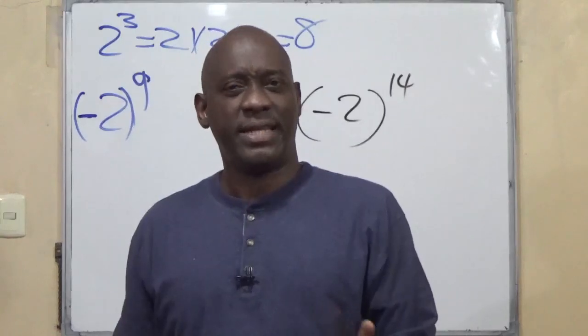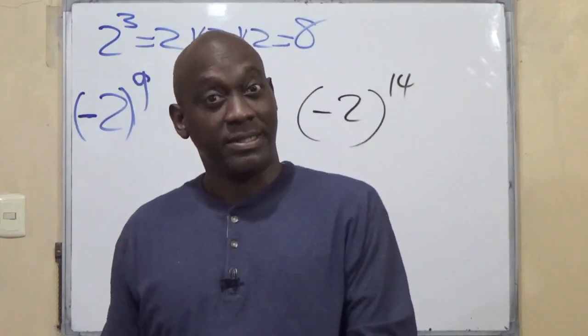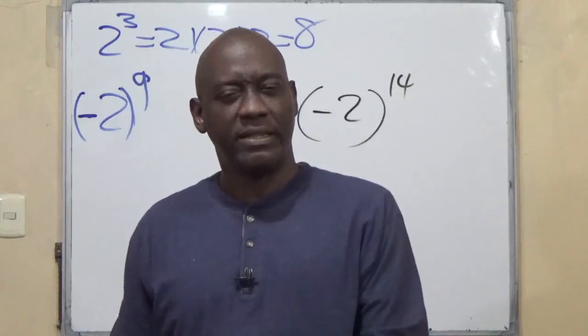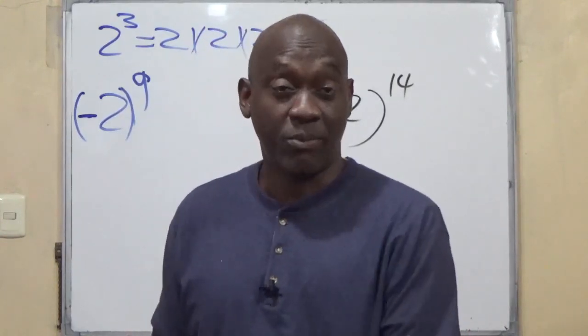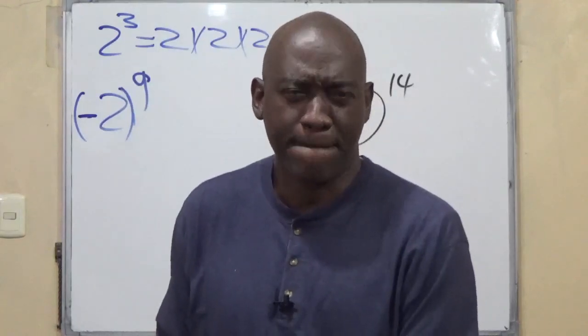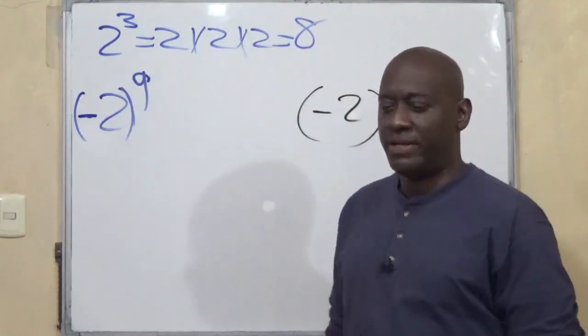Right? Things don't stay simple all the time, you know. Sometimes things get complicated, and we have to figure out ways to understand the thing as it gets more complex. So minus 2 to the power of 9, positive or negative?